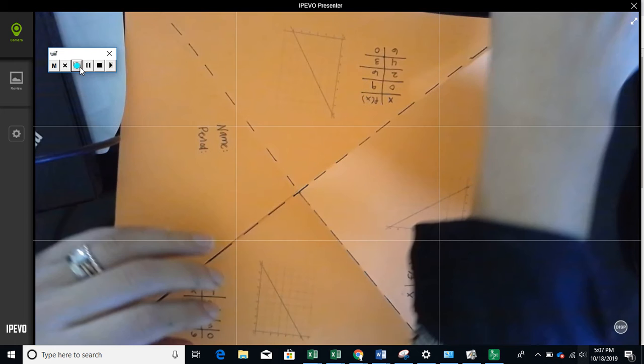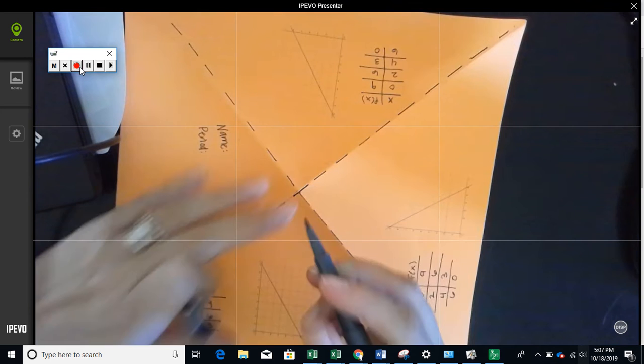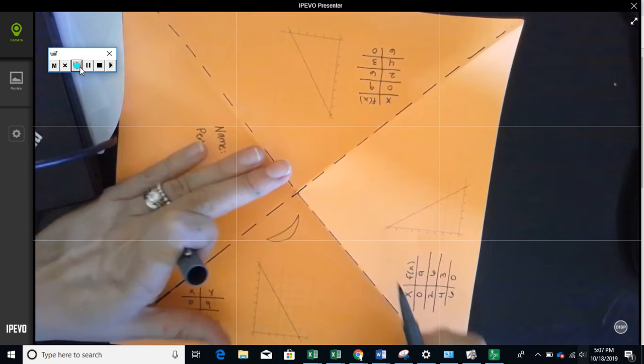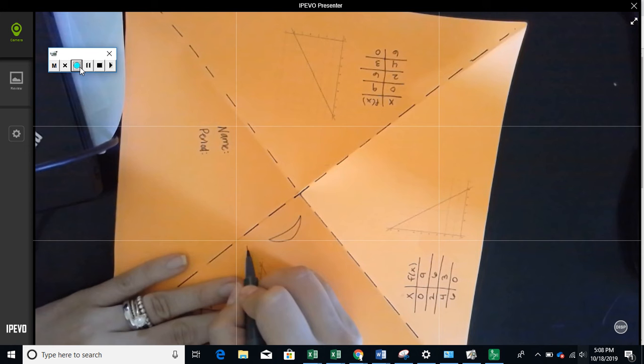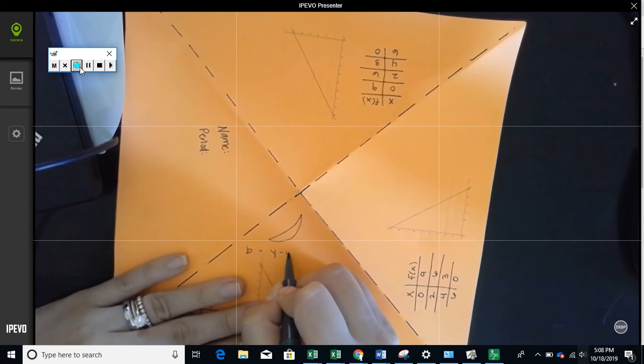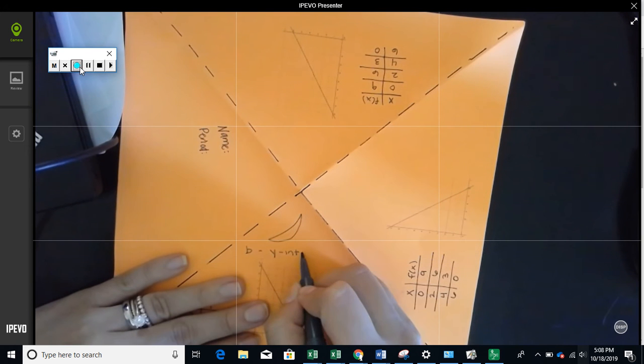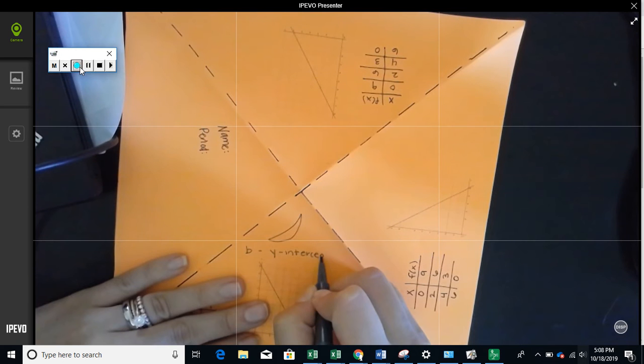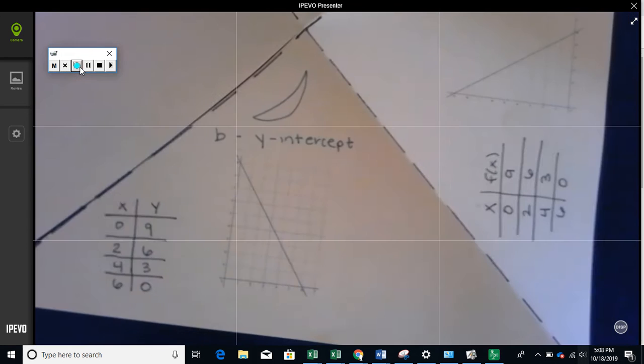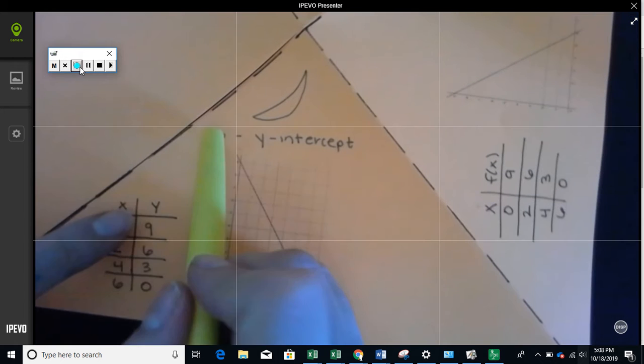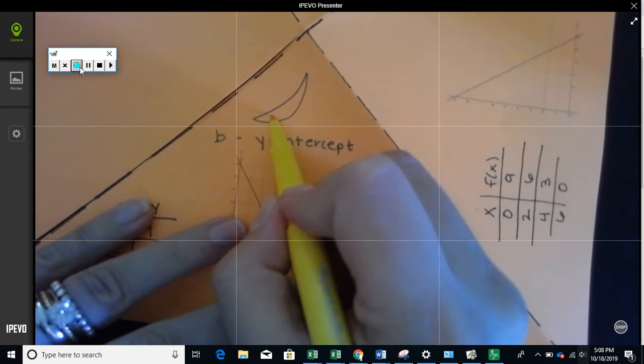So what I'm going to do is I'm going to draw a banana right here. Okay, and that is the B, the Y-intercept. That's the math name. We draw a banana so that helps us remember. B for beginning, B for the letter B, that's the symbol.